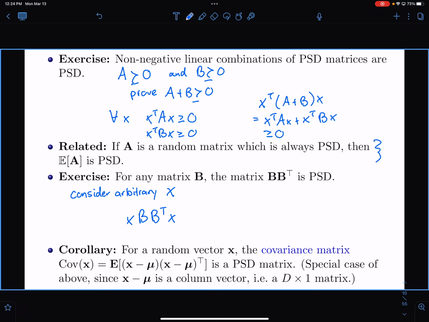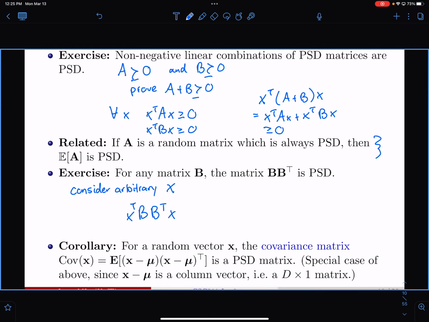Should it be x transpose B, B transpose x? Yeah. Then we have B transpose x transpose times B transpose x. That's just the norm of B transpose x, which is always non-negative.